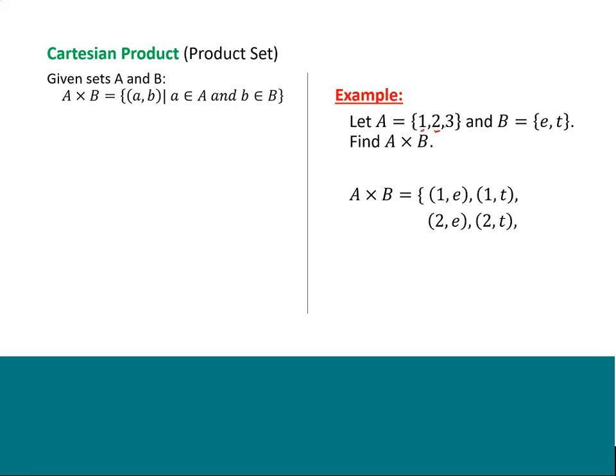And they will look in the exact same format as the other ones here, 3e and 3t. And I went ahead and closed the curly brace here. Why? Because we've used up all of our elements from A, 1, 2, and 3, and all of our elements from B, E, and T. And if we looked at the cardinality of this, it would be 6. Why 6? There are 6 ordered pairs.